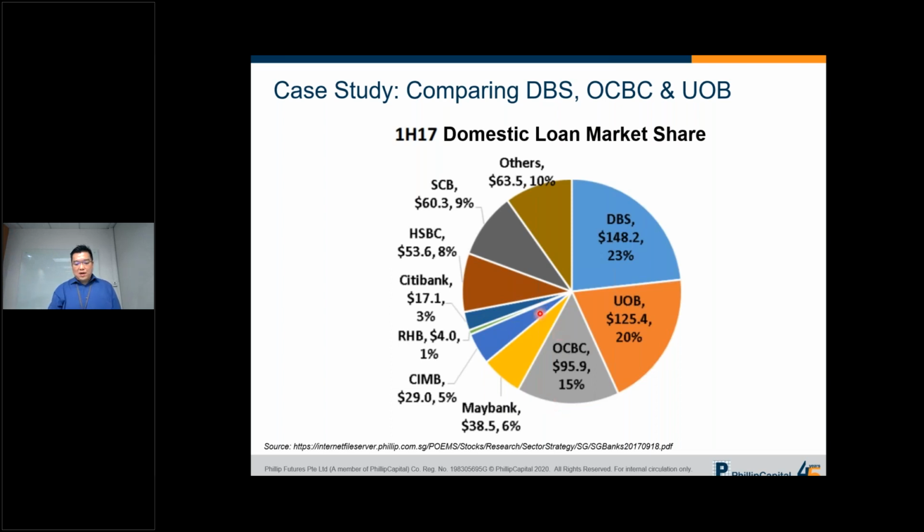So banking is a very local business. No matter how hard DBS tries to break into the Hong Kong or China market, they will always end up being just a small peripheral player, because it's not easy to break into a local market.